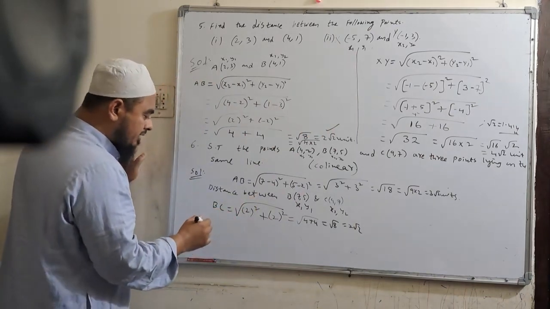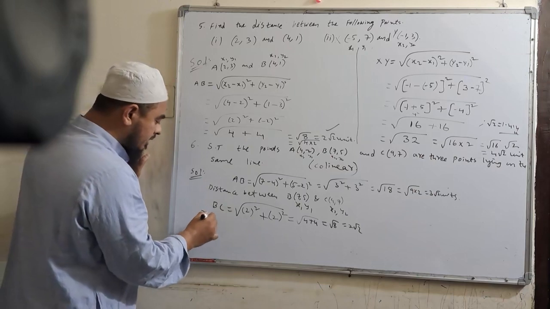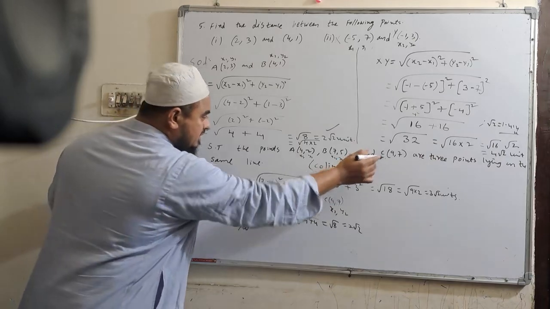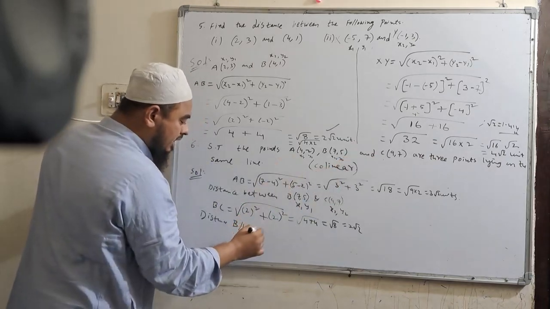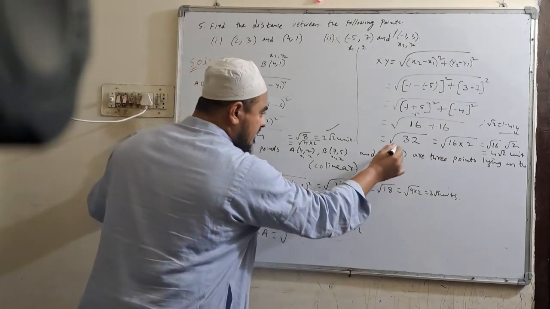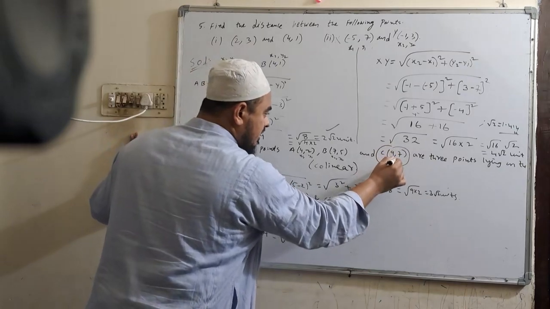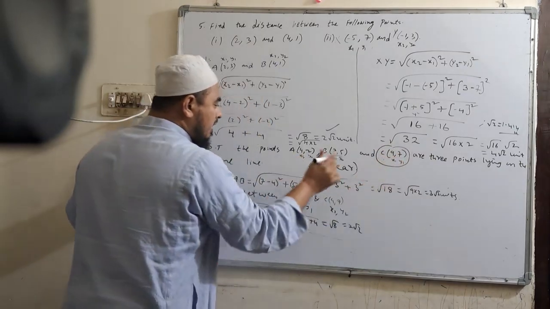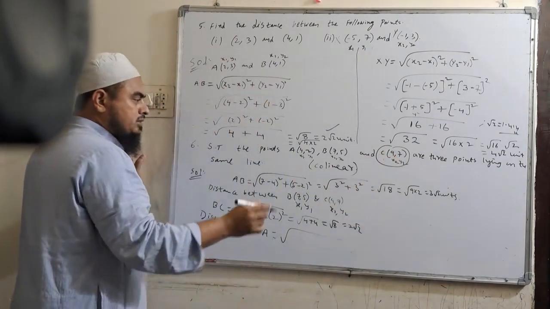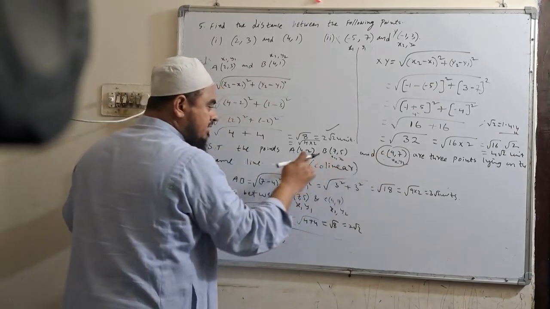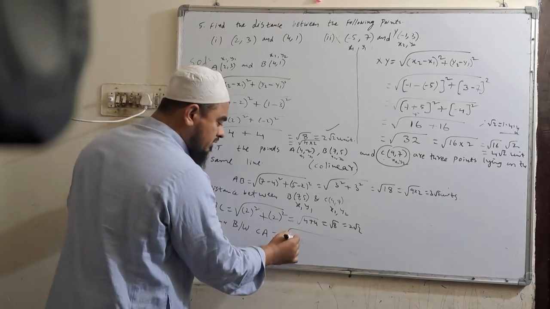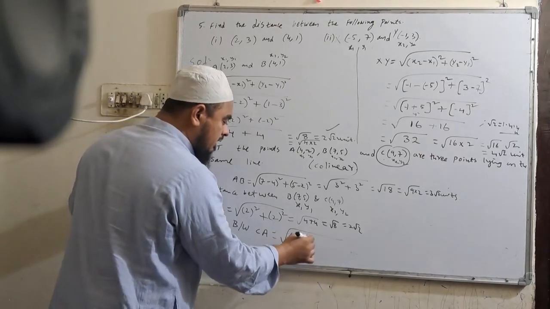Next you have to find the distance between the last points, that is C and A. You can write AC or CA. So here write the point C, which you can take as x1, y1. A already you have taken as x1, y1, so you can take it as x2, y2. So x2 minus x1 is 9 minus 4, which is 5. 9 minus 4 square.